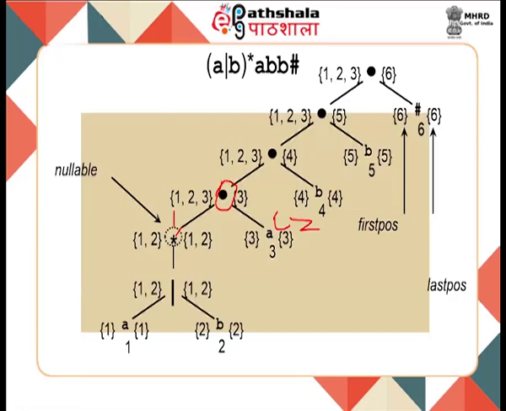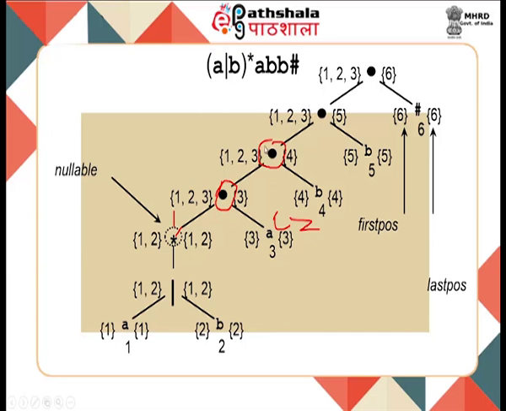So I have here for this node first position of C1, which is 1, 2, 3, and similarly here last position of this node will be last position of C2, which is only 4. Okay. So for this node and correspondingly for this node and for this node, the last position and first position will be correspondingly from C1 and C2.